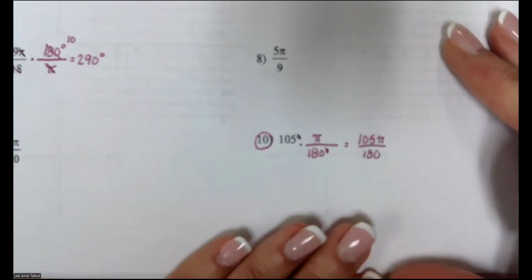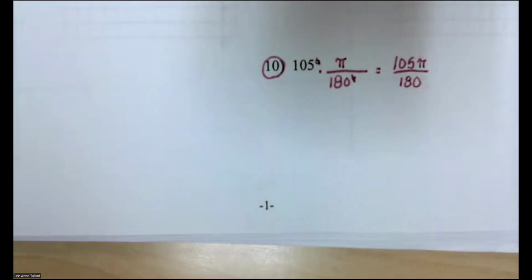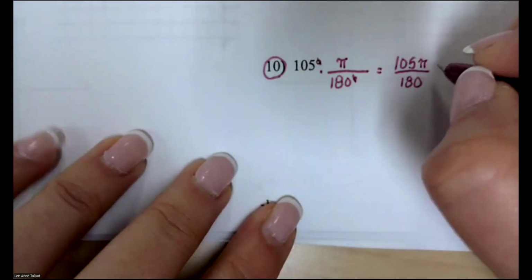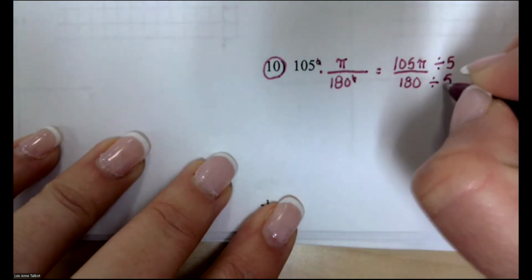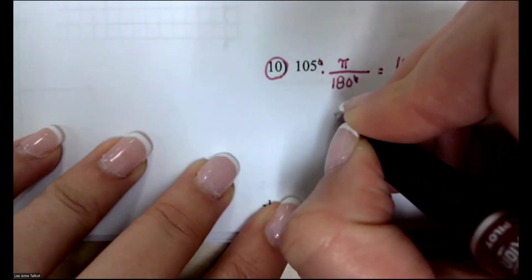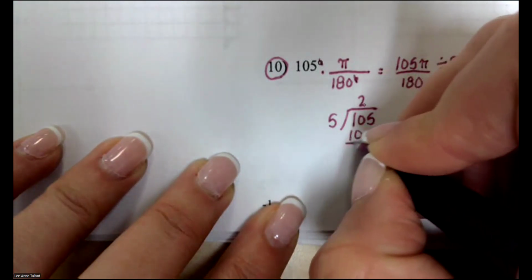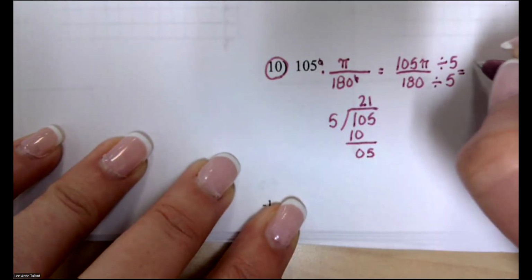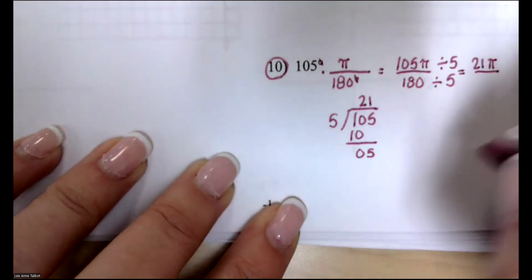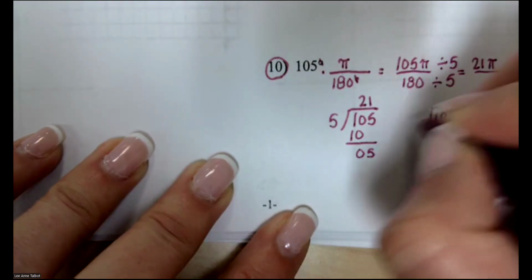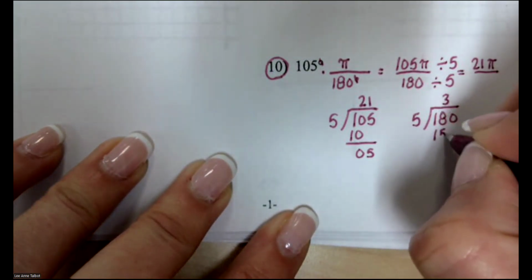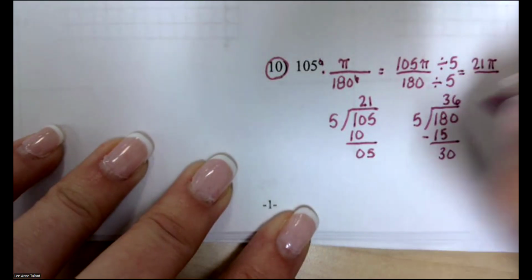This one, unfortunately, is going to take some work. Do you know what number goes into both 105 and 180? 5. Okay, so... Oh, snap.